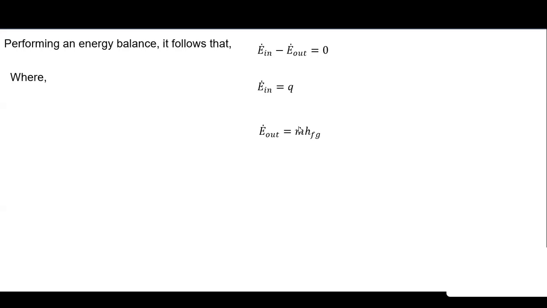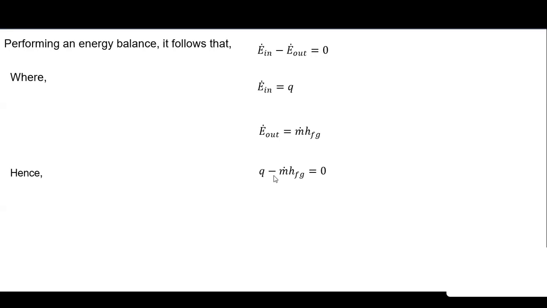Now, how can we write down the evaporation? We can write it in terms of mass times the latent heat of vaporization. We already have the value of HFG, and we are interested in finding out M. What is the relation? Now, if you put E in and E out in this equation, what will you get?